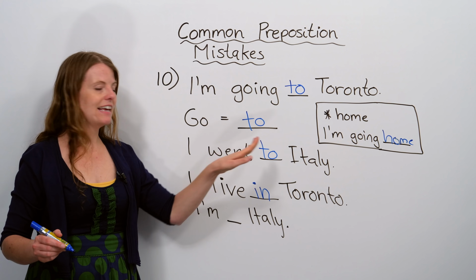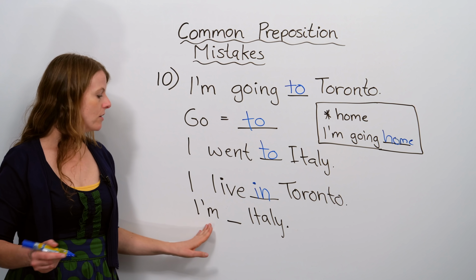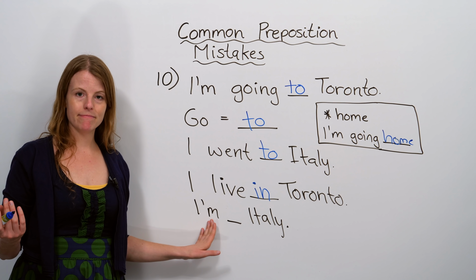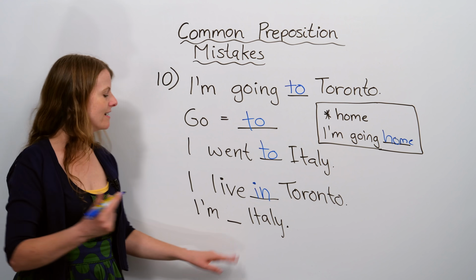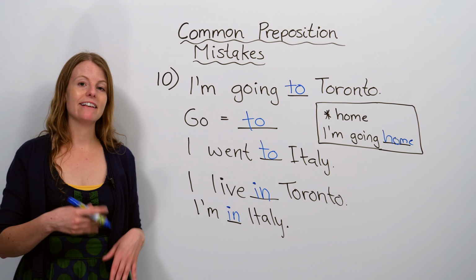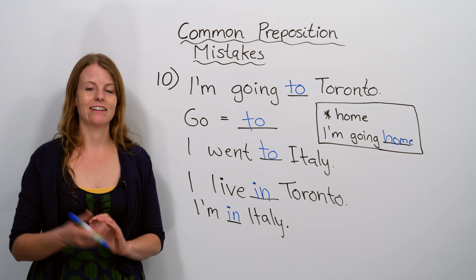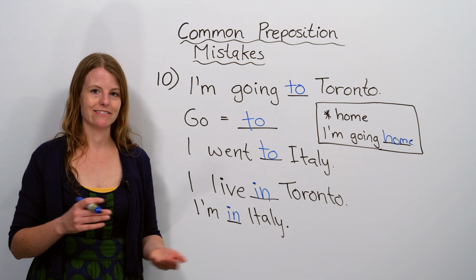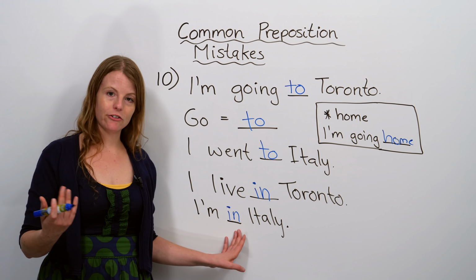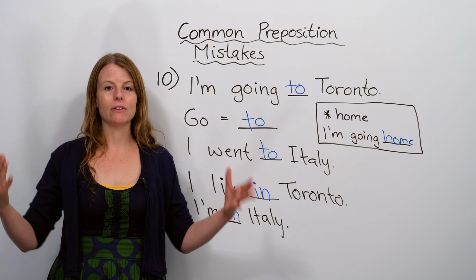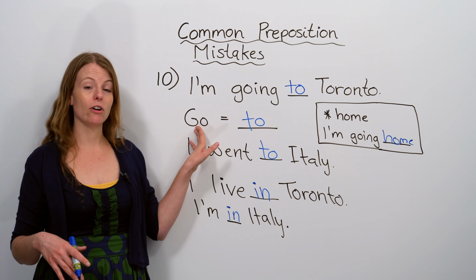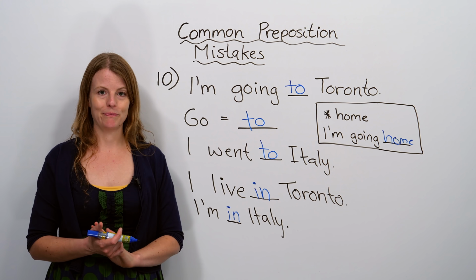I live in Toronto. Or if I don't even want to use the verb live, I can just say I'm in Italy. My sister's in Italy. My brother's in Japan. Okay, so we can use in with countries or cities when we're talking about living there or being there. But when we're talking about go, we use to.